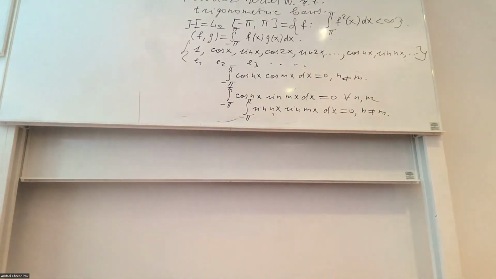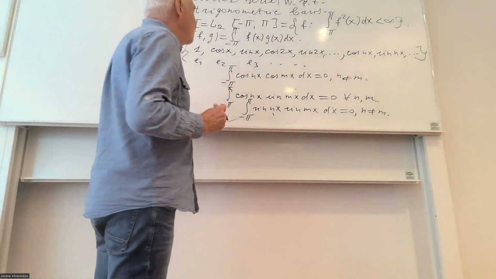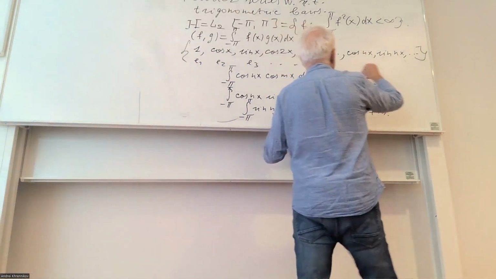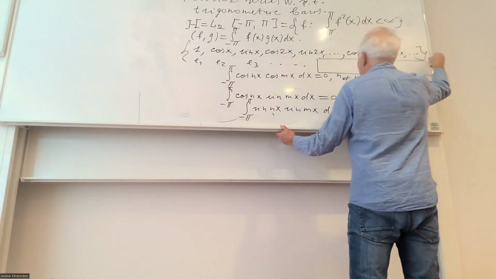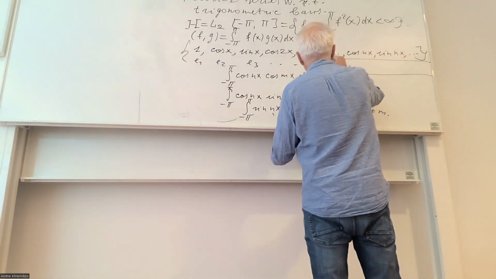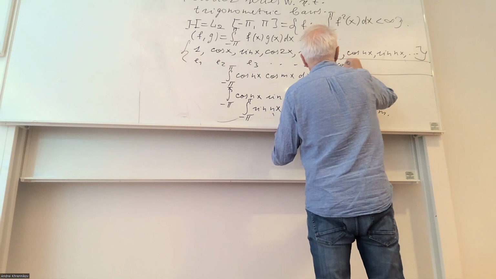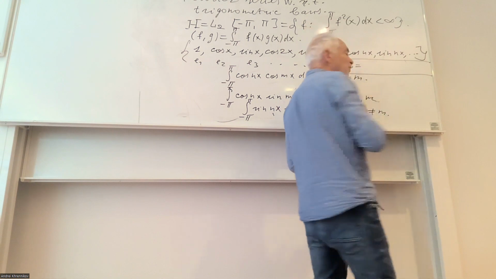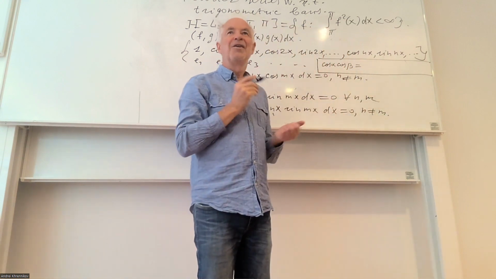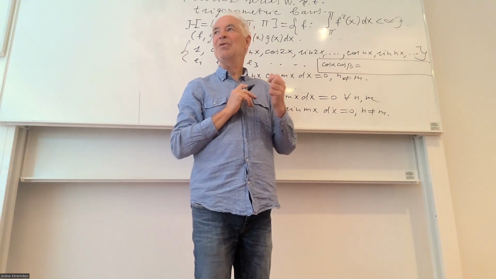I don't remember. Now we check who remembers. So we need such formulas. For example, cosine alpha times cosine beta is equal to... Does somebody remember, no?